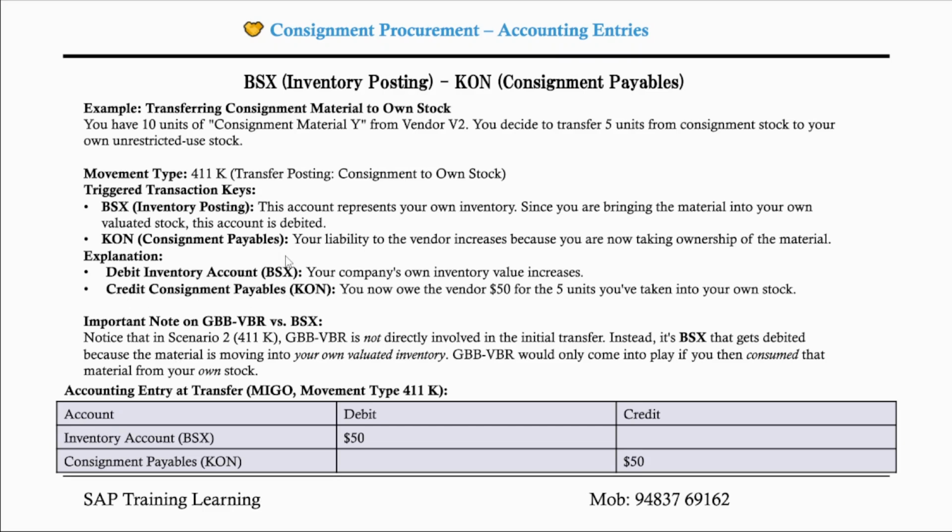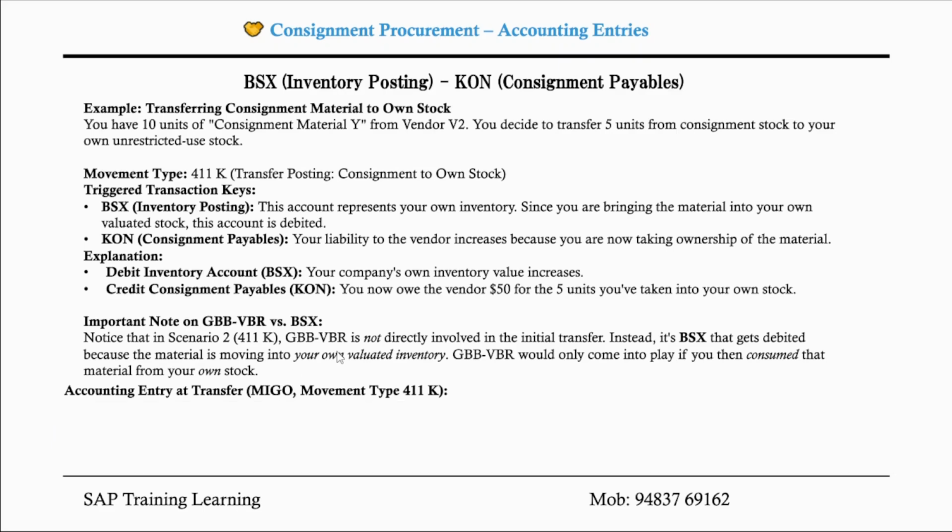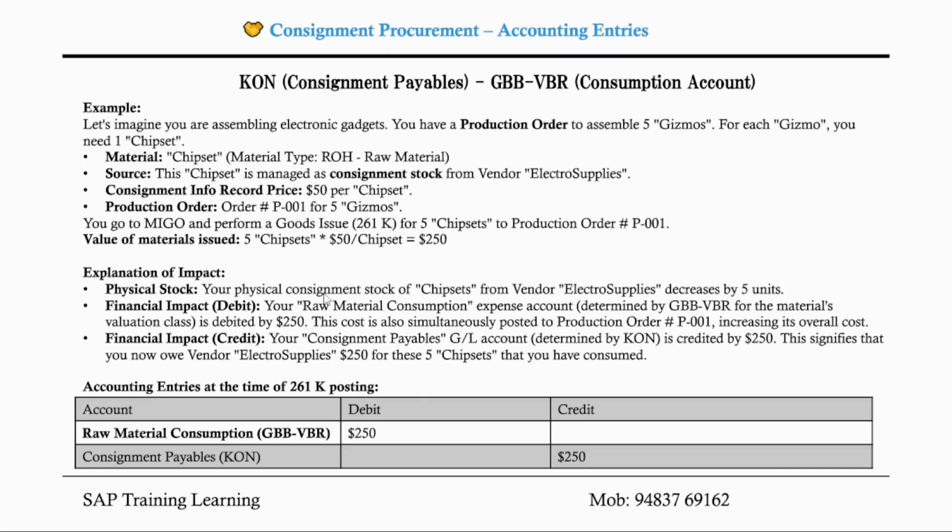Here we need to understand why here there is no GBB VBR. Why here BSX has come. Always remember, GBB VBR would only come into play if you then consumed that material from your own stock. In the earlier two cases, you are using directly from consignment stock.